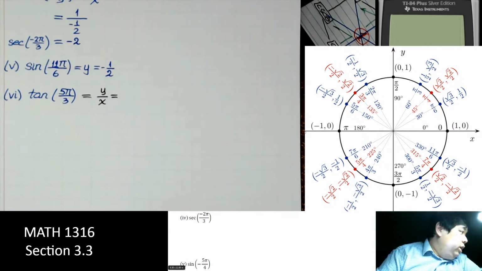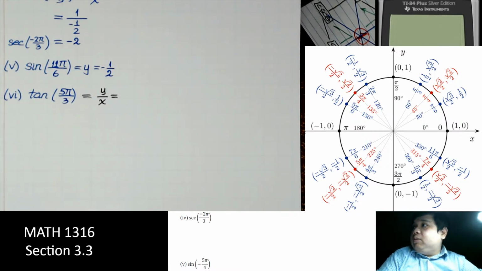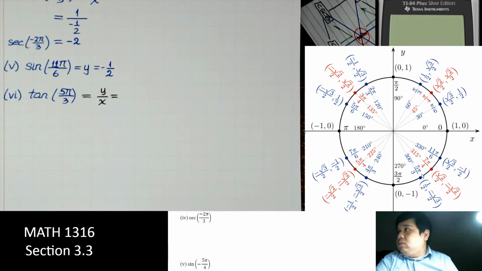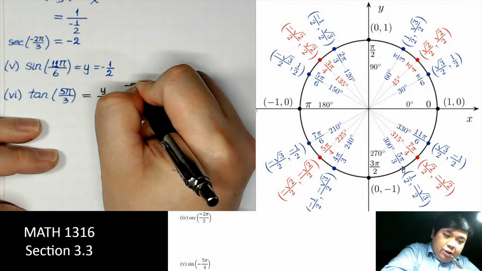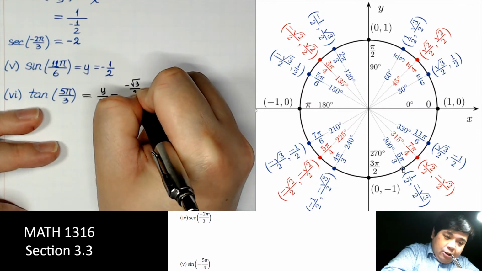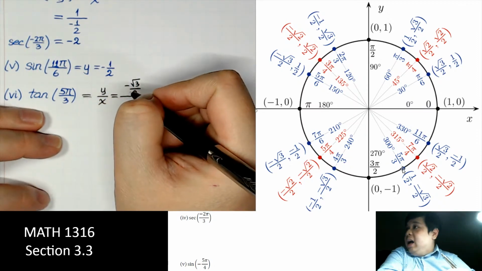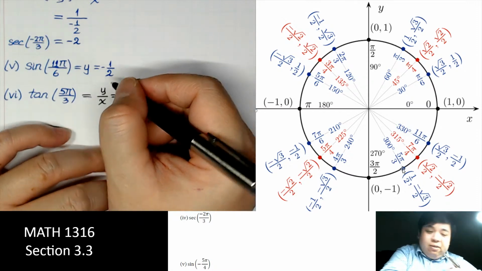So 5 pi over 3, look on the unit circle. 5 pi over 3 will be right here. The y value is negative square root of 3 over 2, and the x value is 1/2.